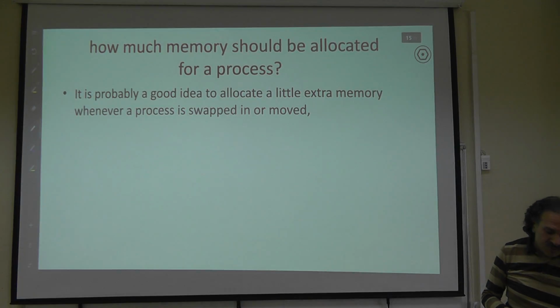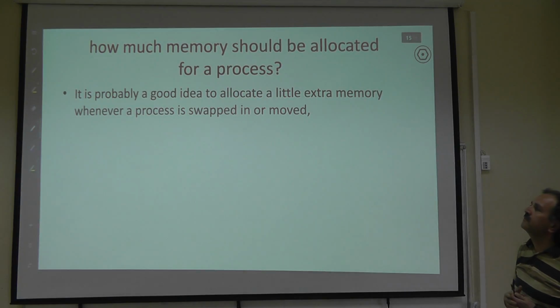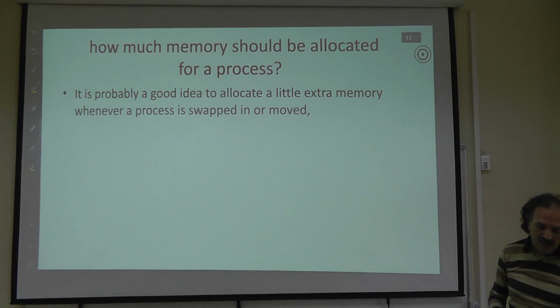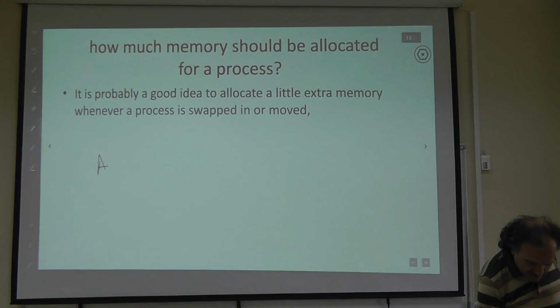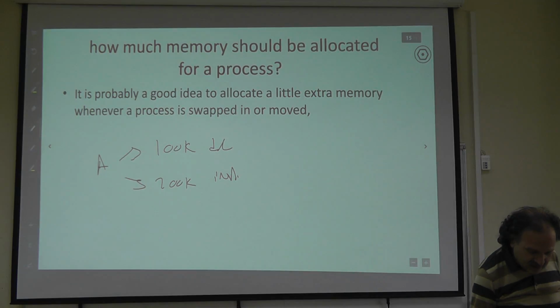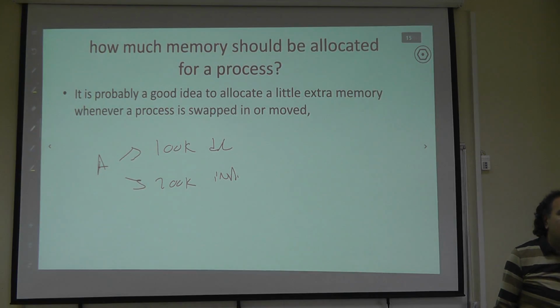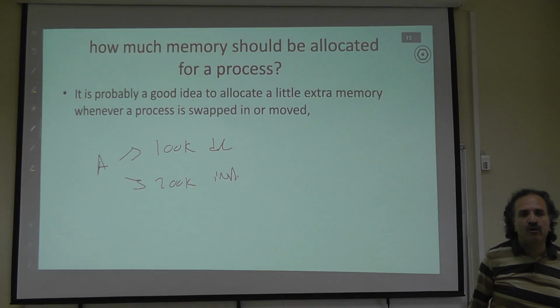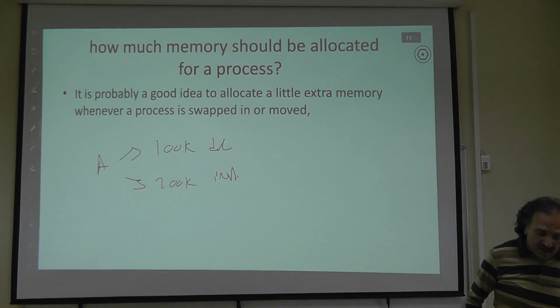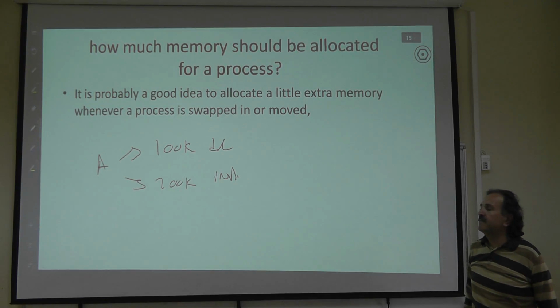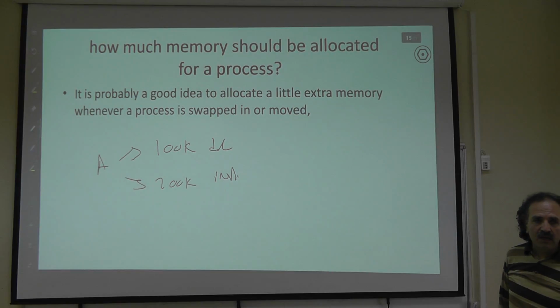How much memory should be allocated for a process? That's a good question. The obvious answer is, if process A needs 100K of data and 200K of instruction space, then I should allocate 300 kilobytes of memory for process A. But it is not that simple, because remember the C programs, they can use malloc.